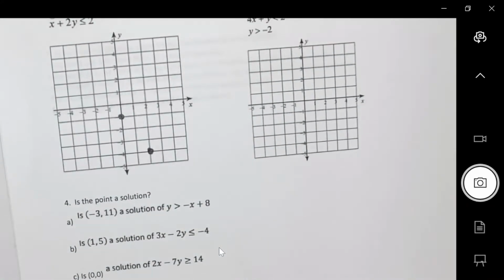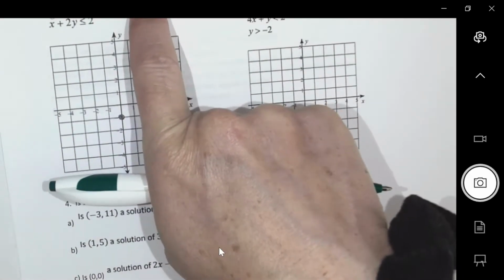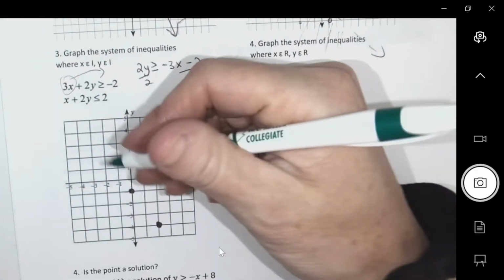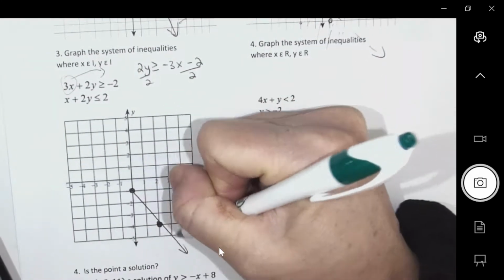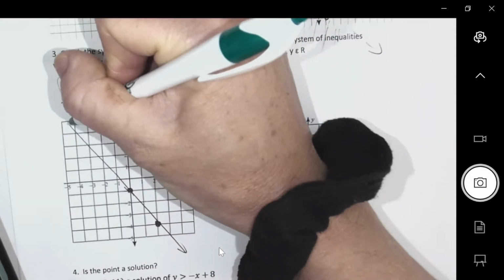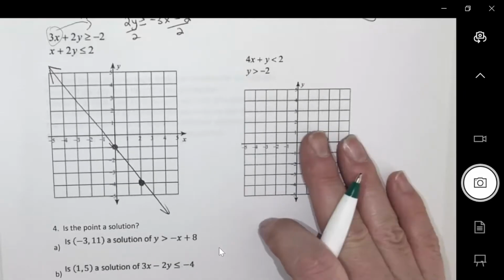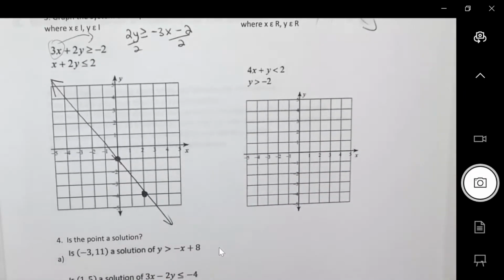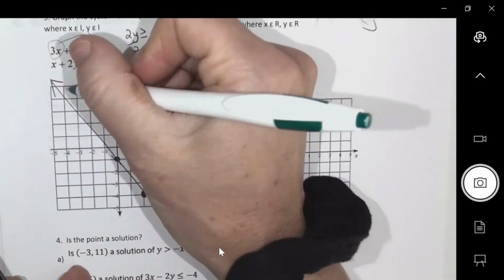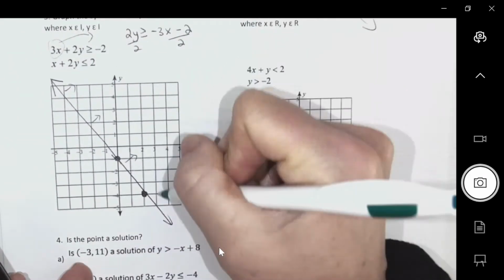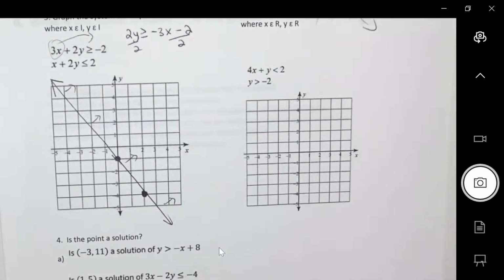So I'm going to create a line through the 2 points. So this says I can be equal, so I'm solid. And the greater than side, you got to pick the side that's greater. So which side would angle upward? Whichever side angles upward. Okay, I'm not shading it because it's not my answer yet.